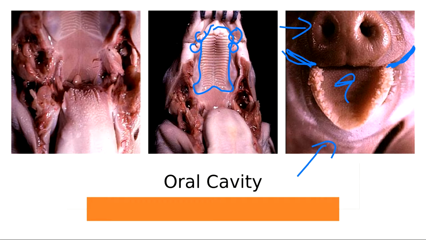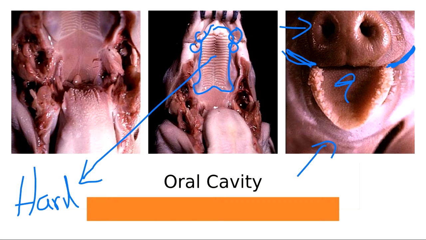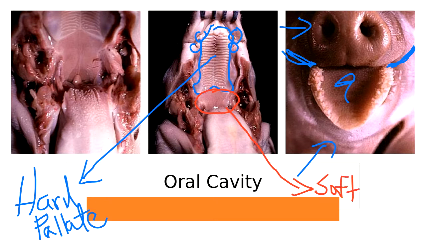Just behind it is the soft palate. So this is the hard palate, and here, I'll cover it in red, is the soft.